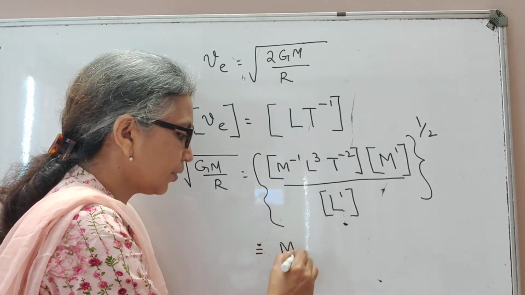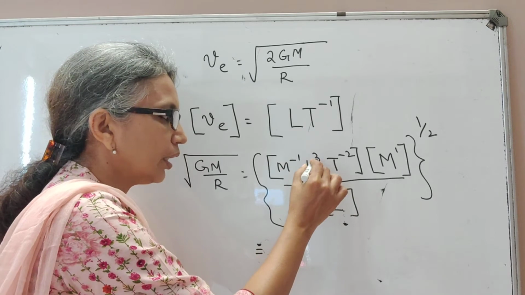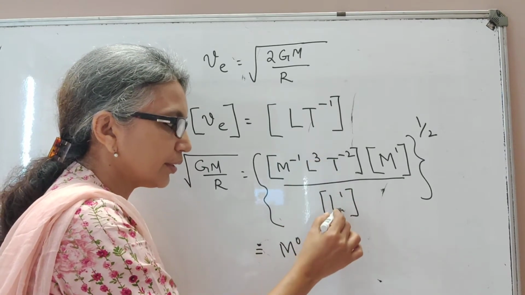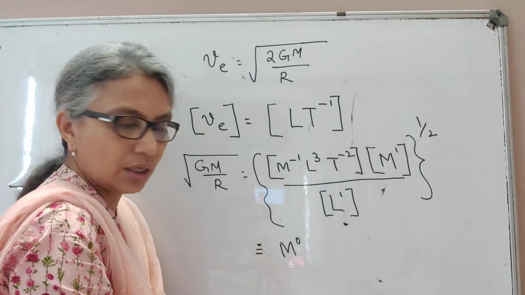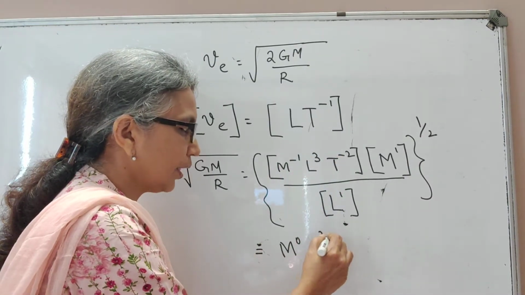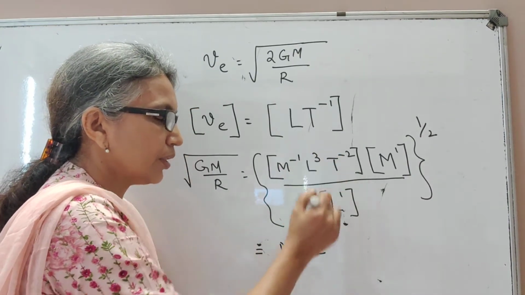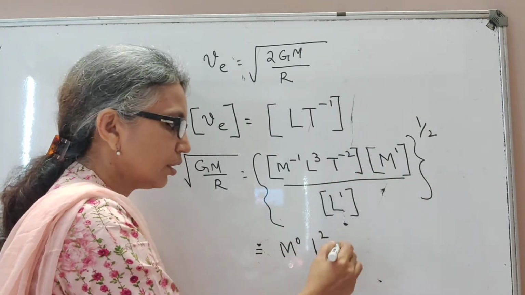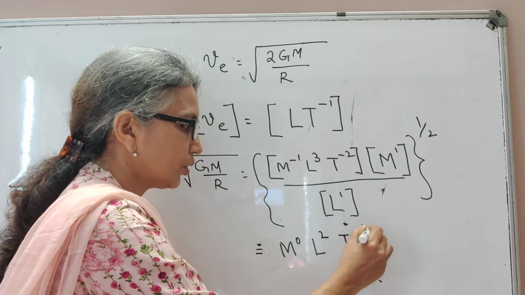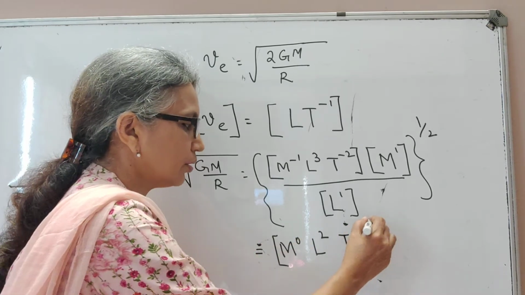So we have M raised to 0. Then L cube, here there's an L in the division, so this will come up as minus 1. So we have L squared because 3 minus 1 is 2. Then T raised to minus 2. There is no other T here, so simply T raised to minus 2. The whole thing raised to half.